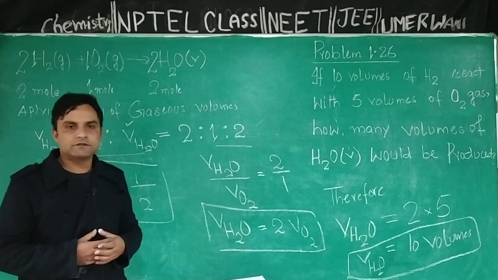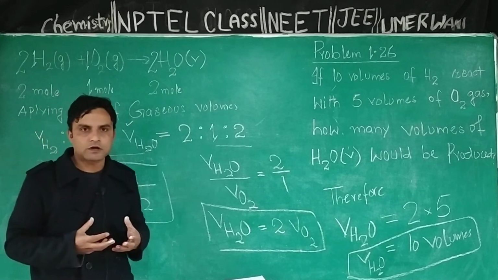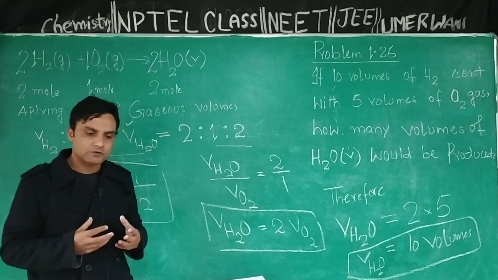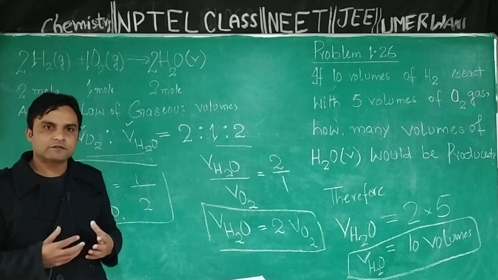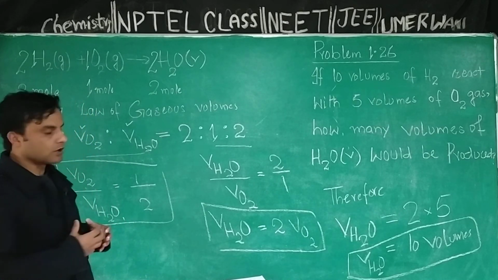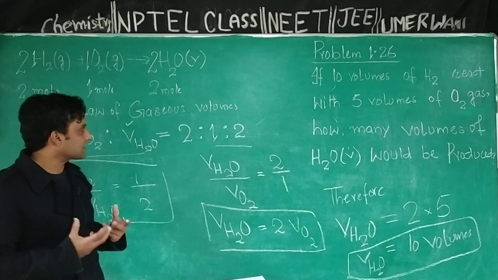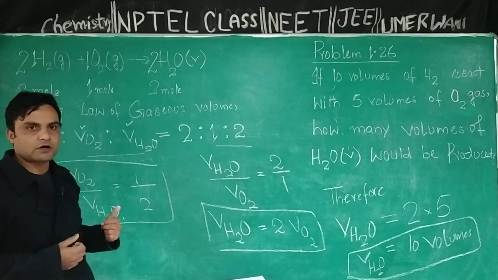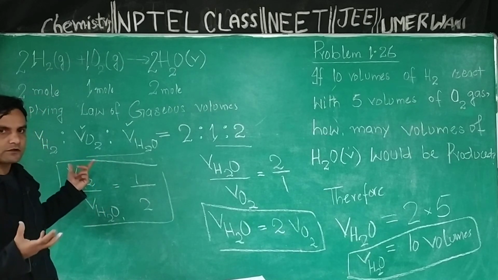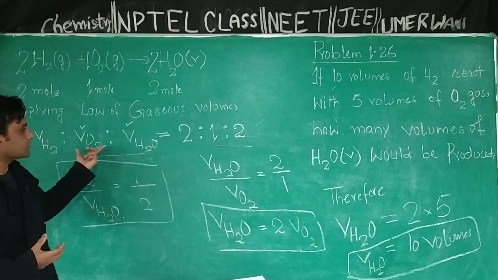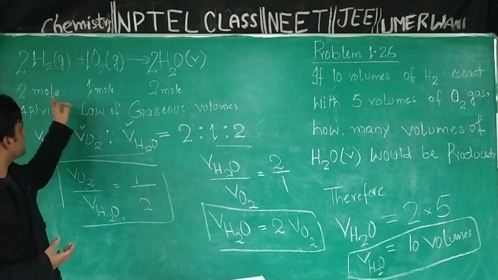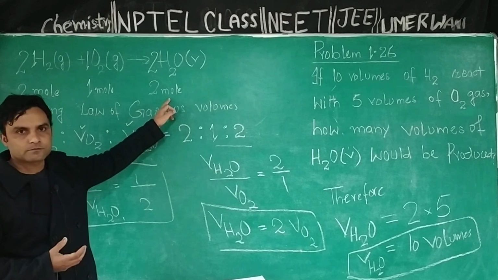Here I applied the second law, Avogadro's law, and Avogadro's law states that for gases, under similar conditions, as long as conditions remain similar, the ratio of volumes is always equal to the ratio of moles.